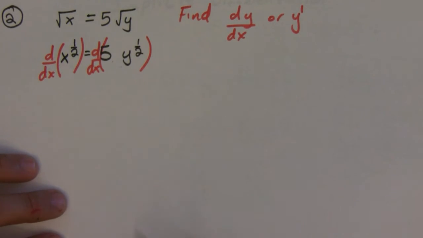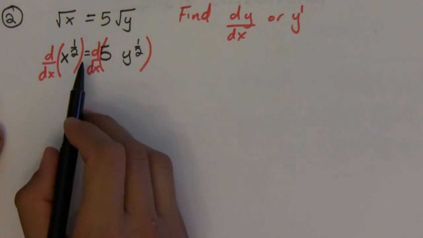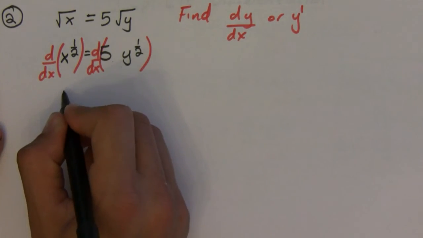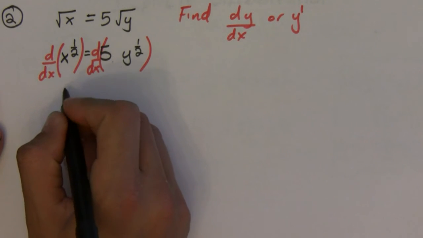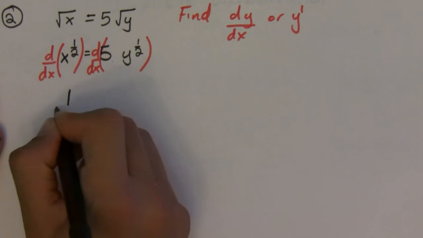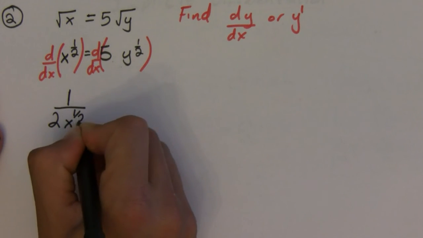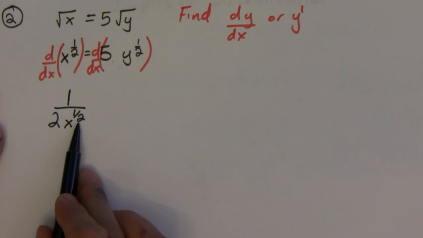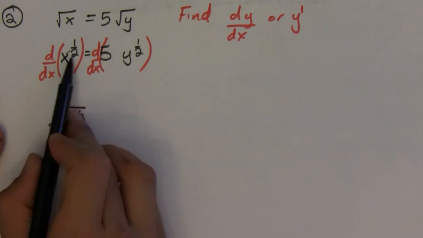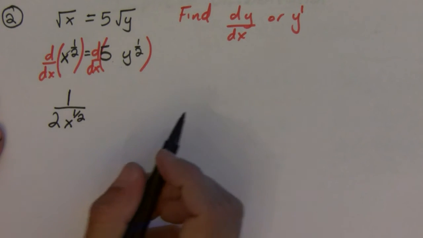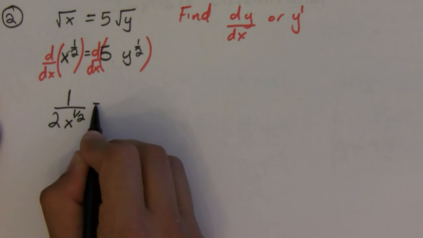Okay, now the derivative of the left side, the derivative of x to the 1/2, if we use our little shortcut, is just going to be 1 over 2x to the 1/2 in the denominator. Because when you bring the 1/2 over and subtract 1, it ends up being negative, and so that means it's going to be positive at the bottom.